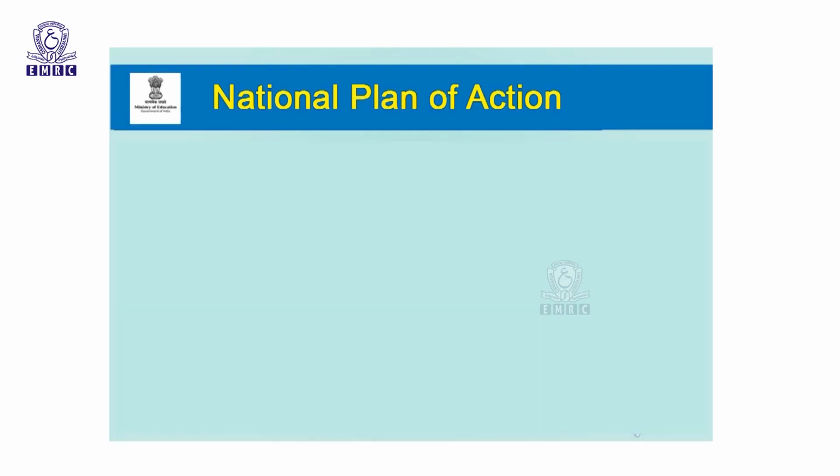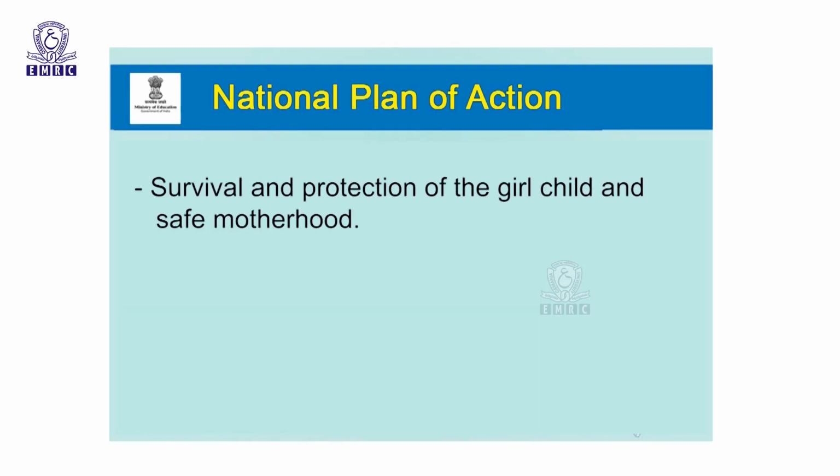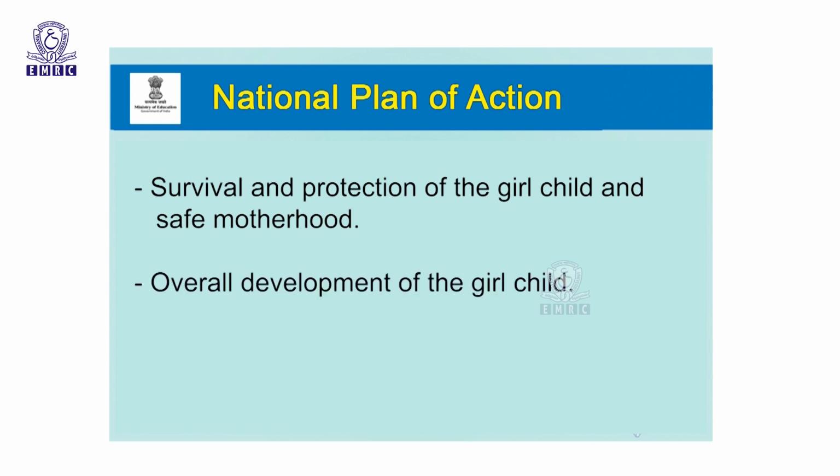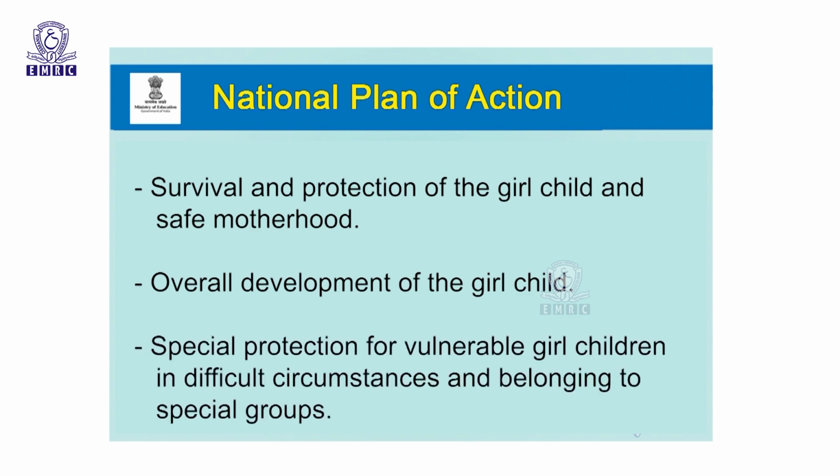The purpose was to provide equal opportunity to the girl child, acknowledging her low status in society. The main goals of the plan were survival and protection of the girl child and safe motherhood, overall development of the girl child and special protection for vulnerable girl children in difficult circumstances and belonging to special groups.